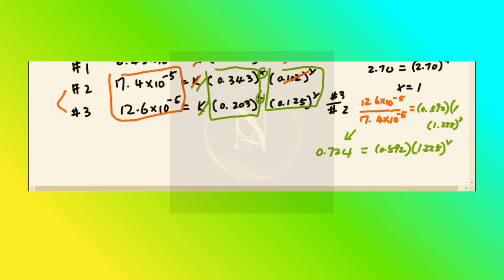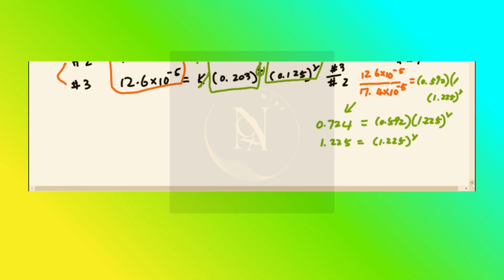Which means if you divide 0.592 on both sides, that will give you 1.225 equals 1.225 to the power of y. So from here, we will be able to determine y clearly equals 1.